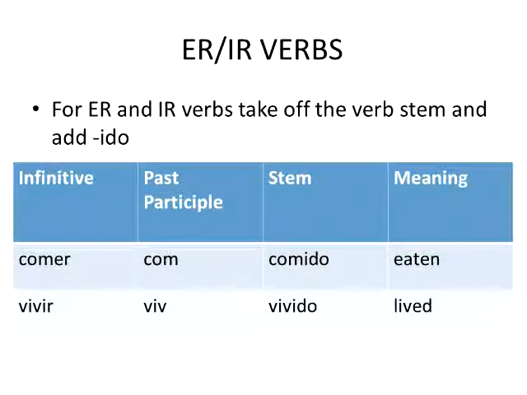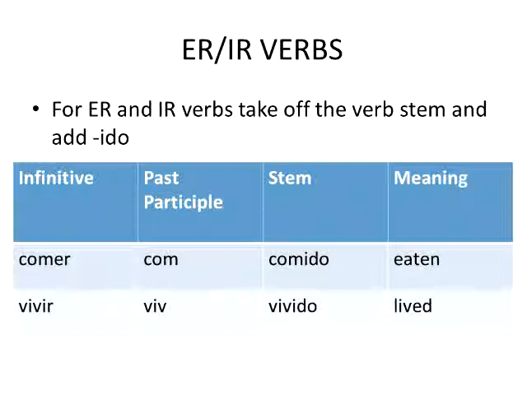Let's go on to the ER, IR verbs. So same thing, you're going to take off the ER, IR. Okay? And then you're going to add IDO, IDO. So you have ado and IDO. And for this one, you should write down both examples because we have an ER verb here and an IR verb down here.